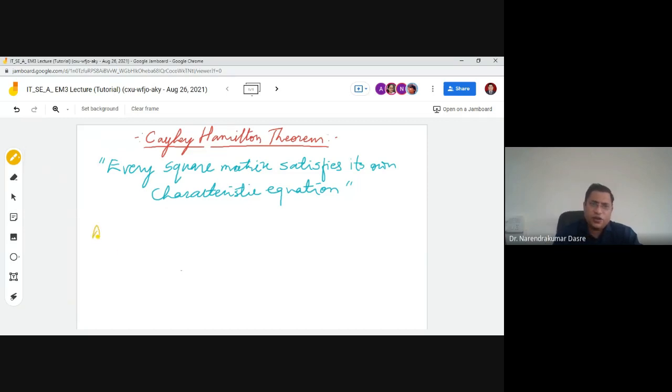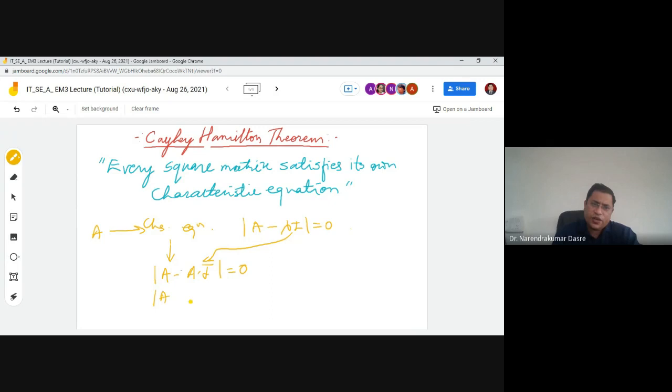So if I have matrix A, what is the characteristic equation of matrix A? It is determinant of A minus lambda I equal to 0. So what does this theorem say? This theorem says that determinant of A minus A into I is equal to 0. See, this lambda is replaced by A. So this is the characteristic equation which the eigenvalue satisfies, and now this theorem says it is also satisfied by the matrix.